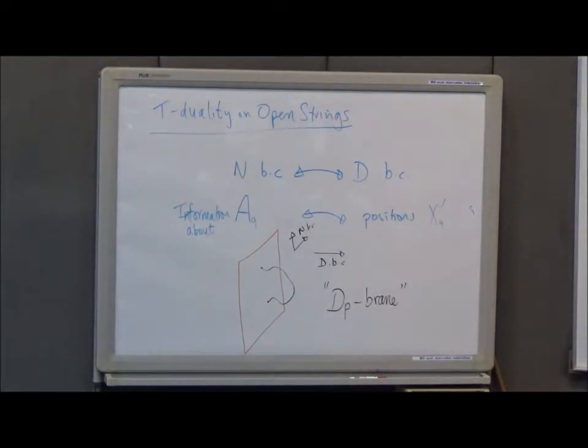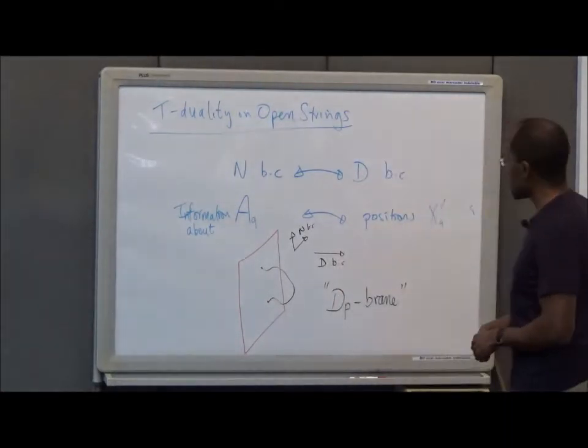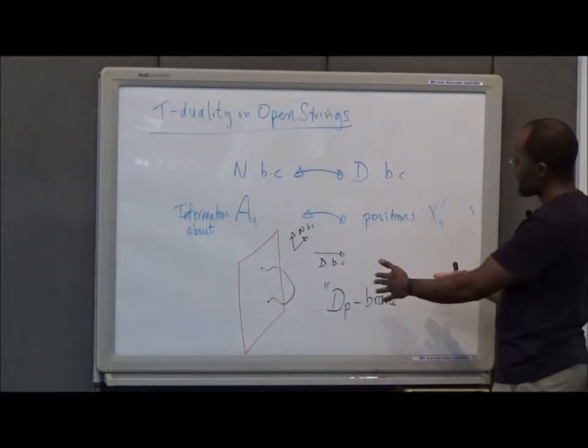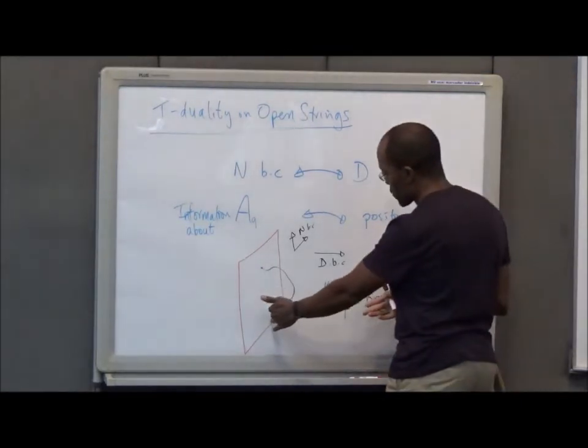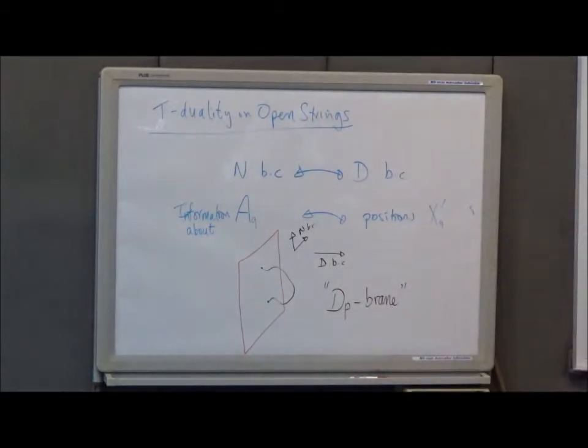And that comes from specifying Dirichlet boundary conditions telling you about where the brane is in the transverse directions. Okay, so that's the language.